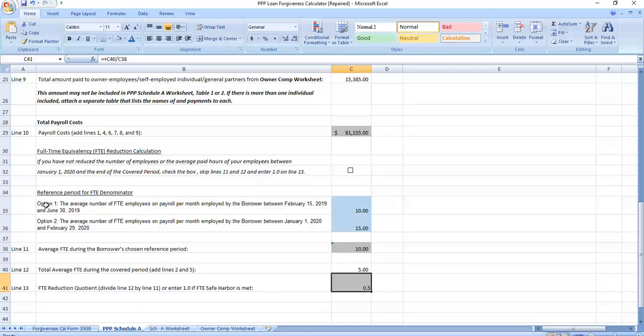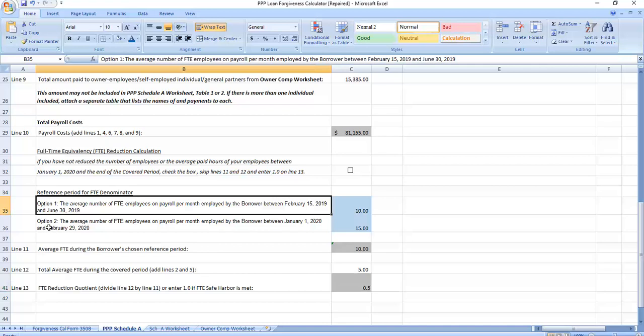So what do these calculations do here? Reference period for full-time employee denominator. This is going to be used to see how much of the loan would be forgiven. Option 1 is the average number of full-time employees on payroll per month employed by the borrower between February 15, 2019 and June 30th, 2019.